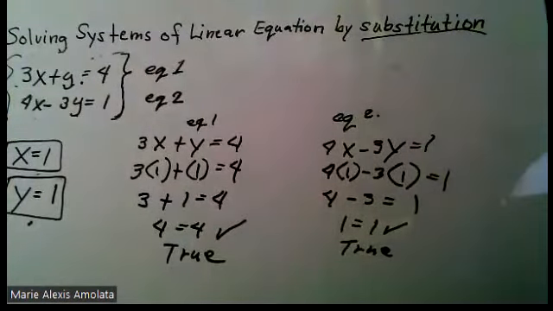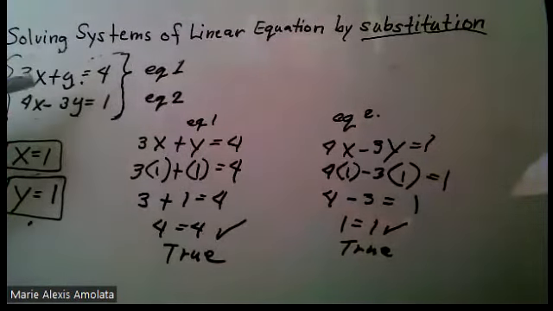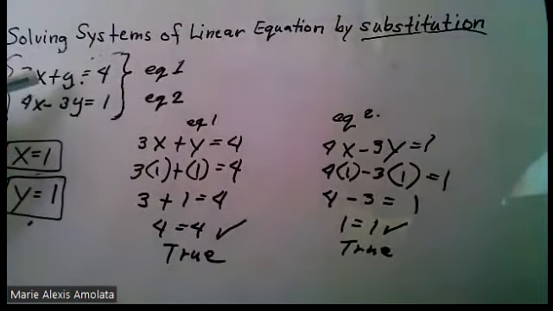Okay, so this is the helpful hint. You can actually choose which equation to work on. Kahit saan sa kanila pwede. But it is usually easier to express a variable that has a coefficient of 1 in terms of the other variables.